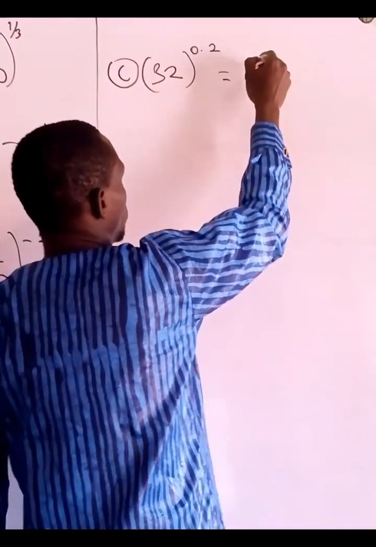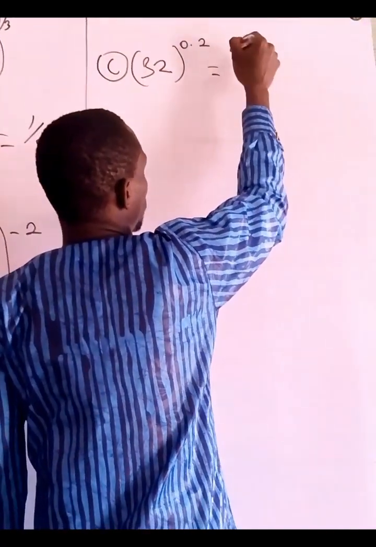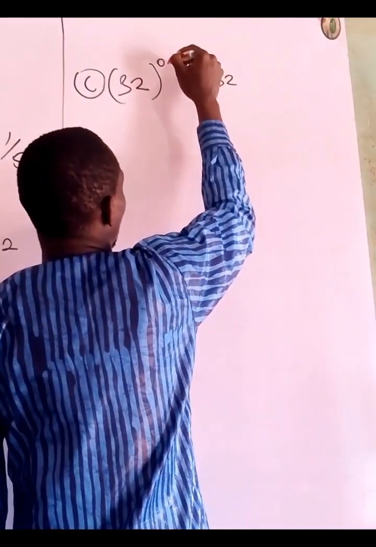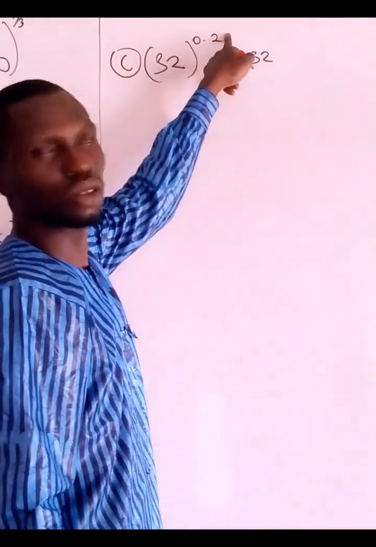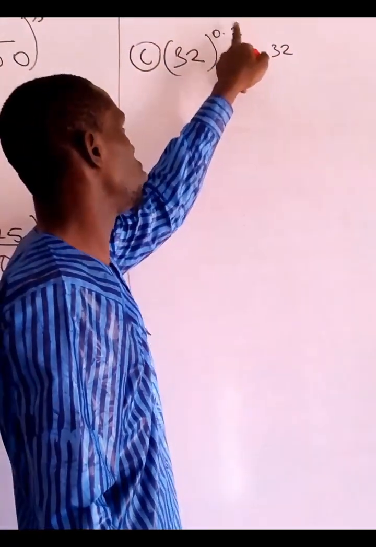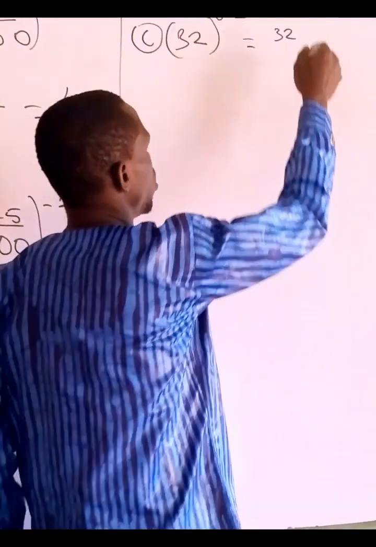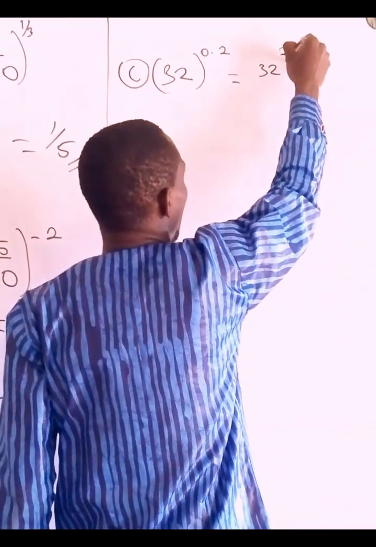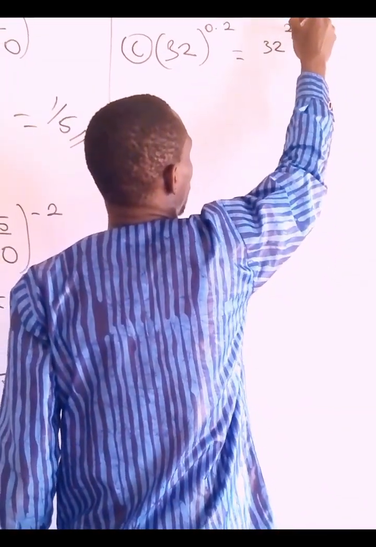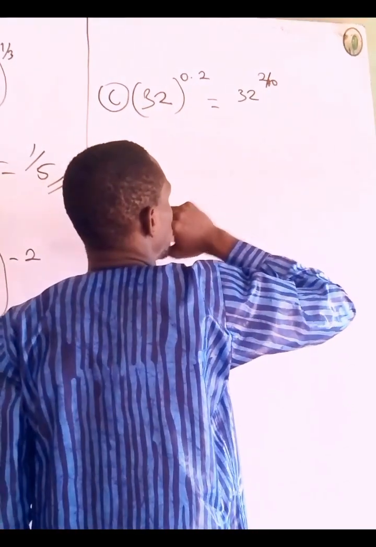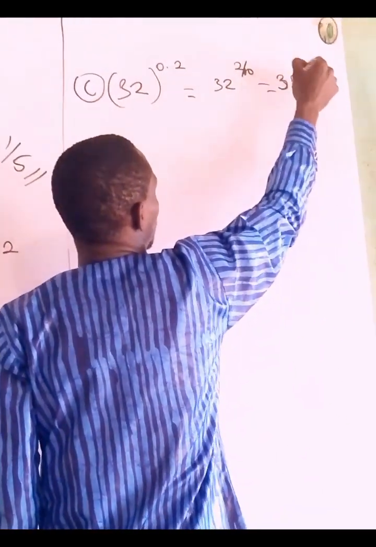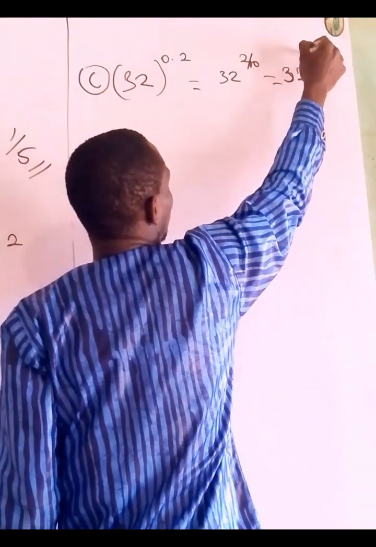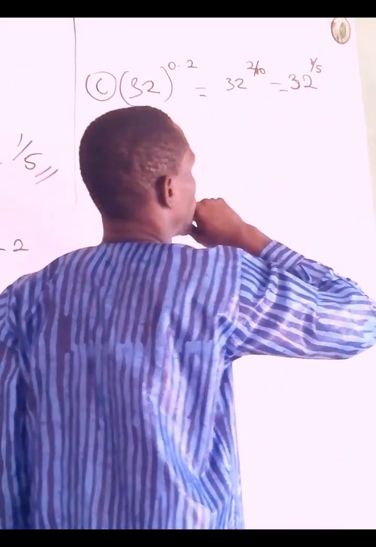We are moving from here to here, so if you are moving from this place to this place, you are moving just once. So that will give us 32 raised to the power 2 over 10, because we move once. So this will be 32 now, raised to the power of 1 over 5.